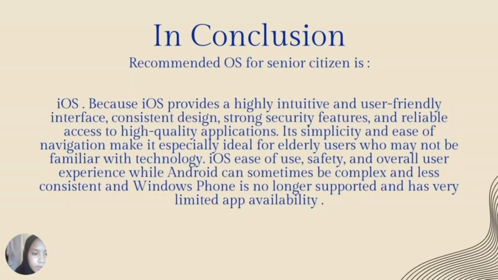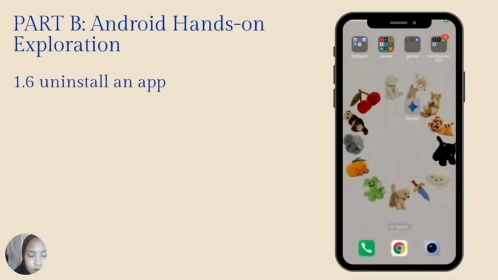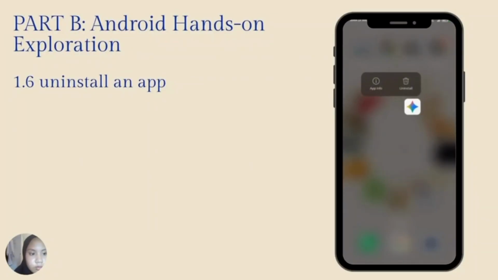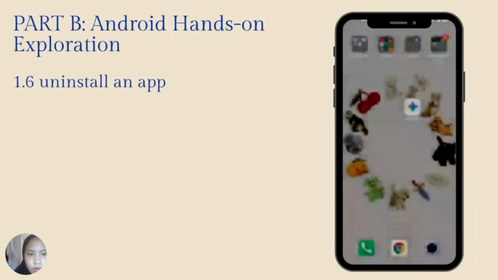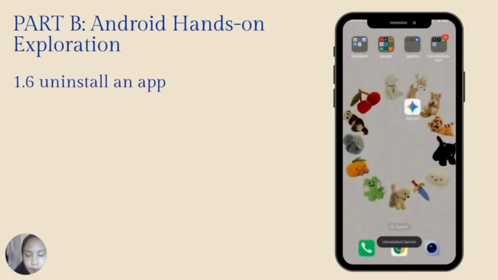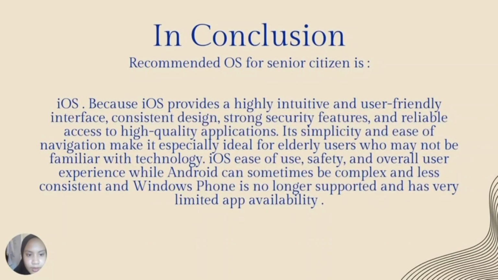Lastly, I will present our conclusions for our operating system presentation. So in conclusion, we recommend iOS as the operating system for senior citizens because iOS provides a highly intuitive and user-friendly interface, consistent design, strong security features, and reliable access to high-quality applications.